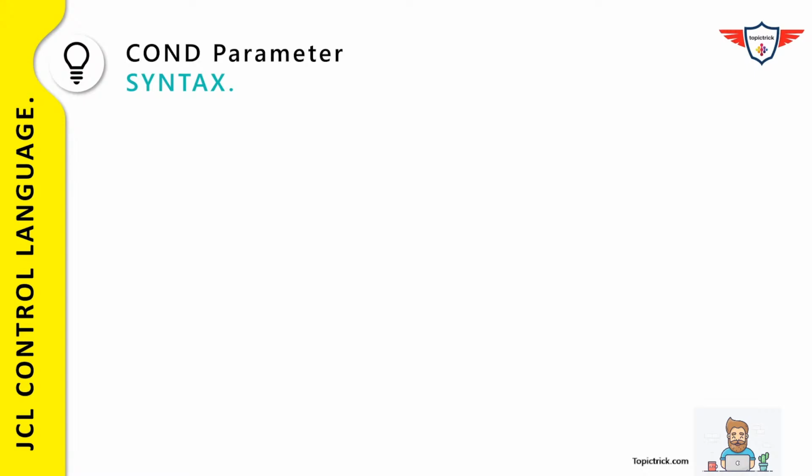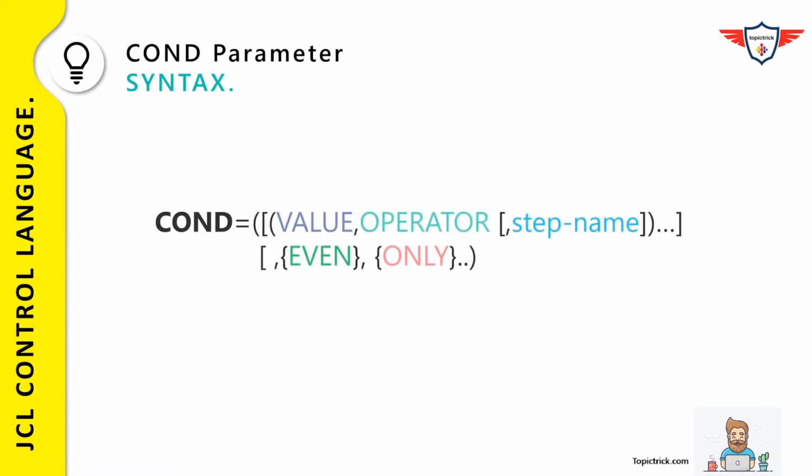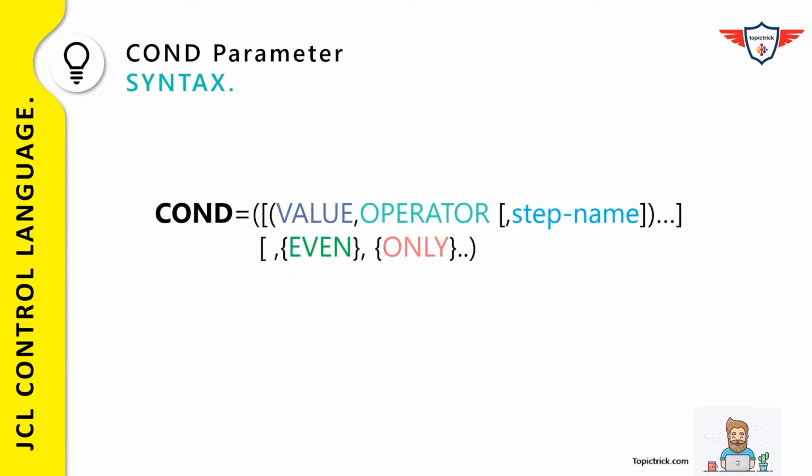Now, as you know, the conditional parameter can be used at job level or at an individual step level, right? The conditional parameter on the EXEC statement is more flexible than the conditional parameter on the JOB statement. The syntax is almost the same, but with the help of additional subparameters, you have more control over the execution of individual job steps.